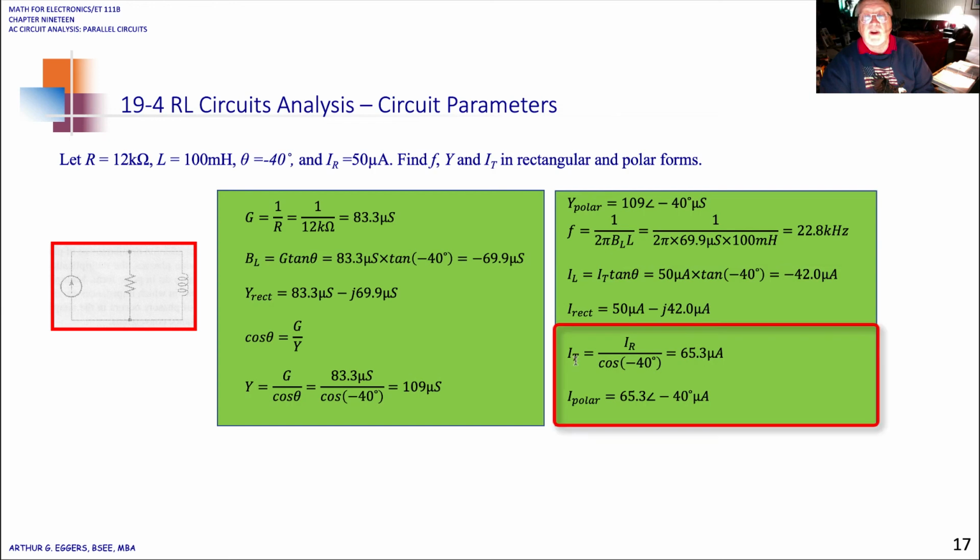The total current is equal to I sub R over the cosine of minus 40, 65.3 microamps, giving us a total polar relationship for the total current of 65.3 microamps at an angle of minus 40 degrees.